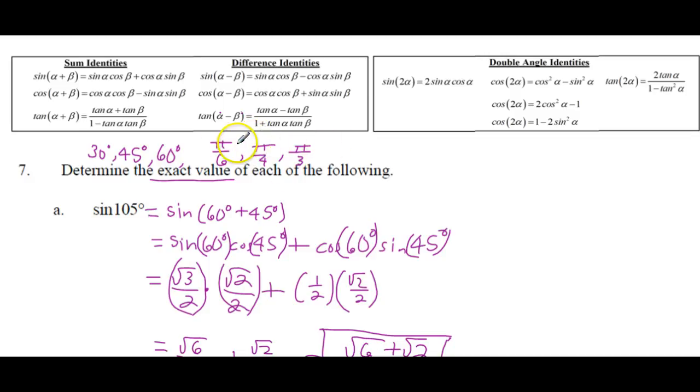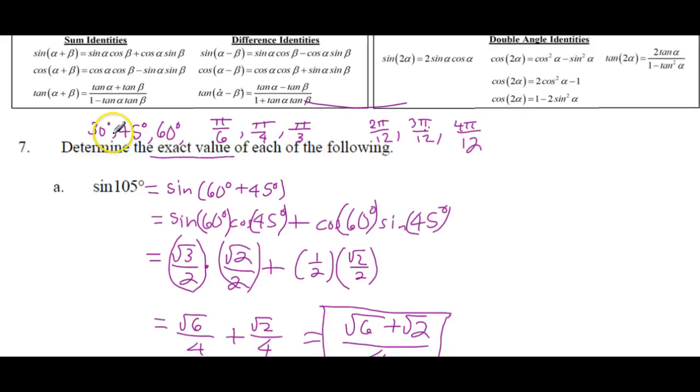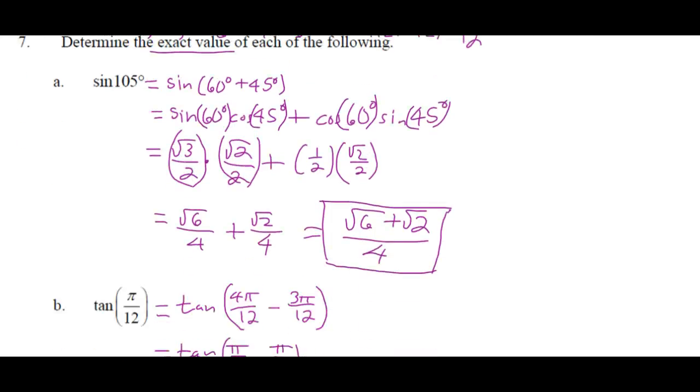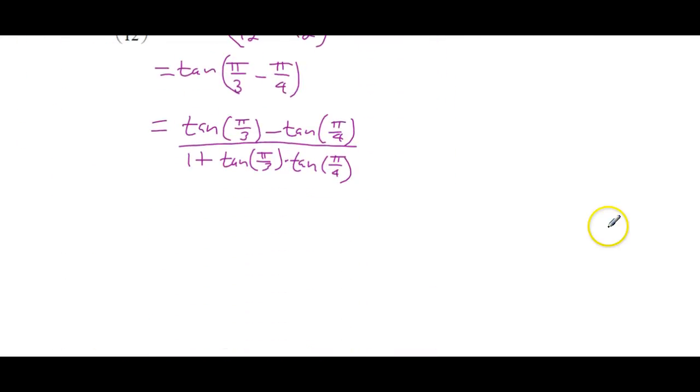So if you're dealing with 12ths, just say I've got 2 pi over 12, 3 pi over 12, and 4 pi over 12. We could have actually done this minus this too. That would have worked. We could have done tan of pi over 4 minus pi over 6. So you have choices, because pi over 12 really is 15 degrees. So you could do 60 minus 45 or 45 minus 30 if you're into degrees, which I'm not at all into.